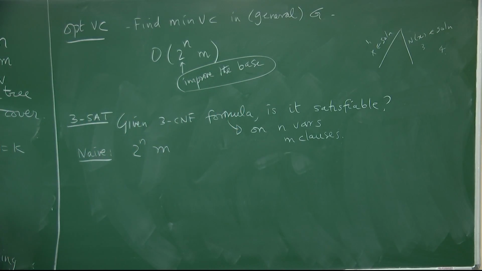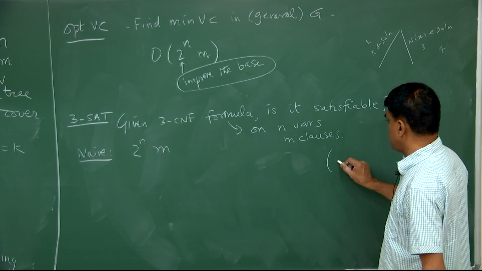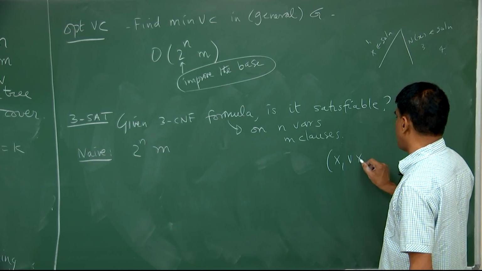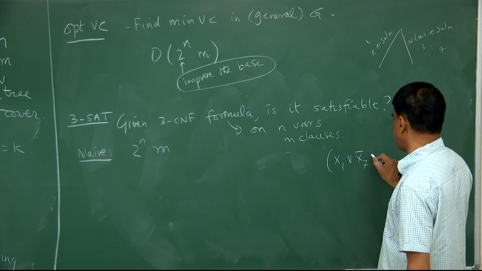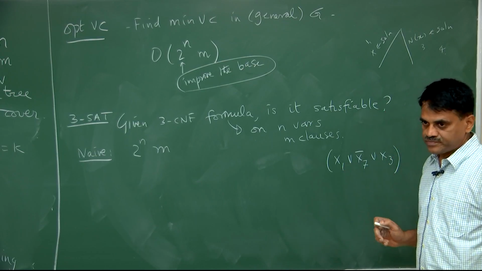But like vertex cover, we know that there are certain assignments you should not even try. So let's make use of that. In the vertex cover, instead of trying all possible subsets of size k, we said any subset which avoids an edge completely, don't even bother trying it. Like that, suppose in my formula I had, let's say, x1 or x7 bar or x3 as one such clause.